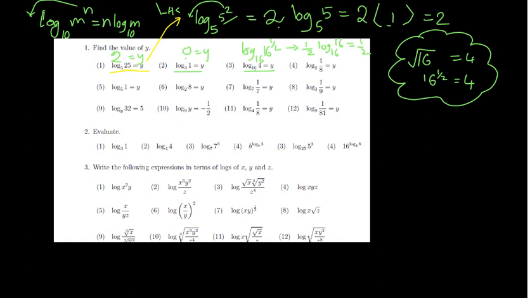Log 1 minus log 2 cube to the base 2. The first is 0 because log 1 is 0. Then the 3 will come to the front. So 3 log 2 to the base 2, which is minus 3.